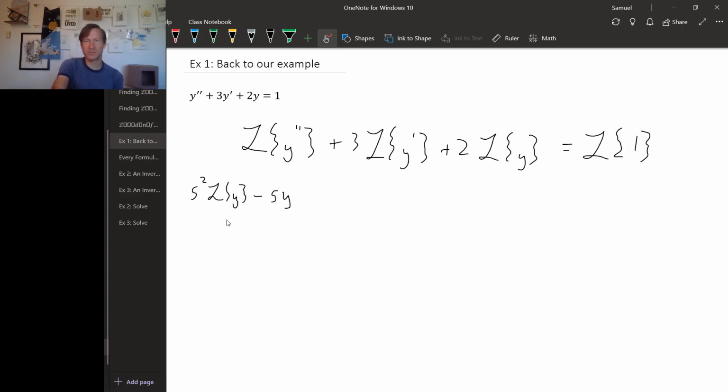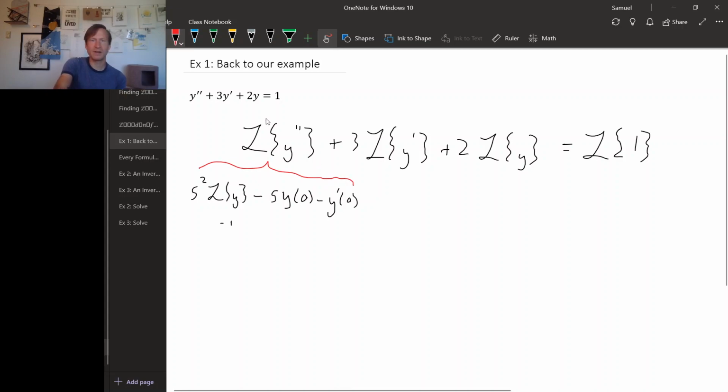So the Laplace transform sort of counts as the minus first derivative in this context. So up by 1 means the 0th derivative, so the initial value of the 0th derivative of y. And then minus, the power of s goes down by 1, so now it's s to the 0, so 1. And then the number of derivatives goes up by 1, so y prime of 0. Okay, so this is all the Laplace transform of y double prime.